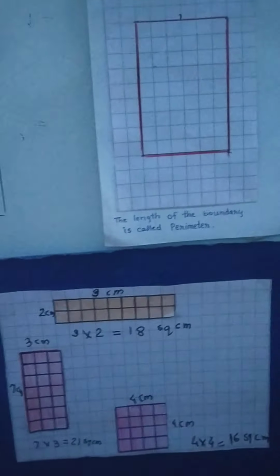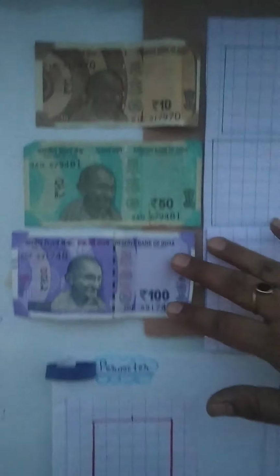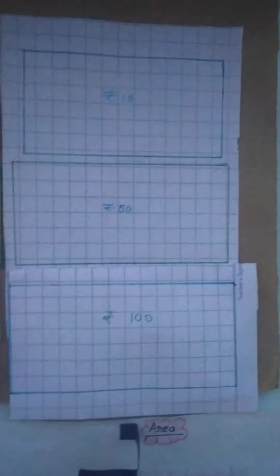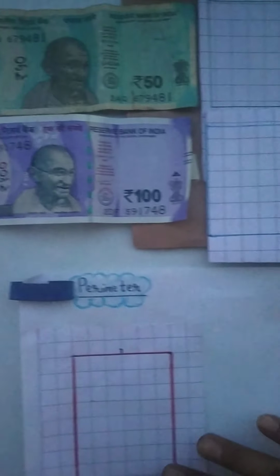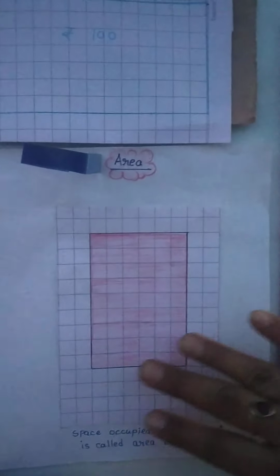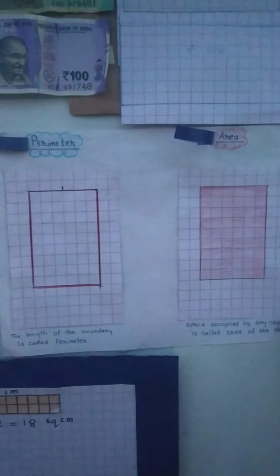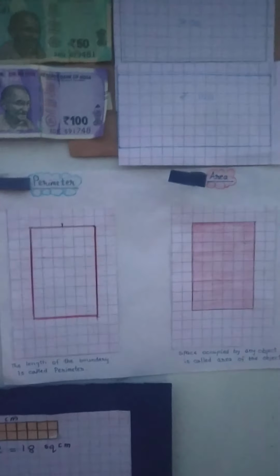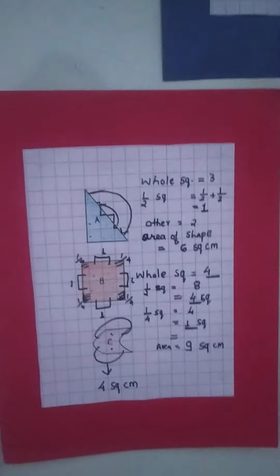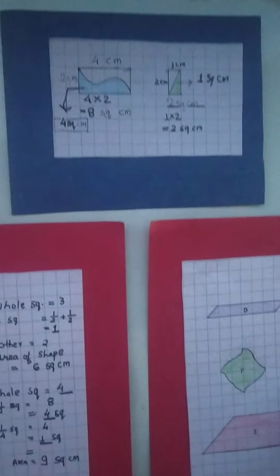Okay, and we also had some daily life examples and the difference between perimeter and area. It is very important and you have to learn this. Okay, children, and these are some interesting shapes which we had.